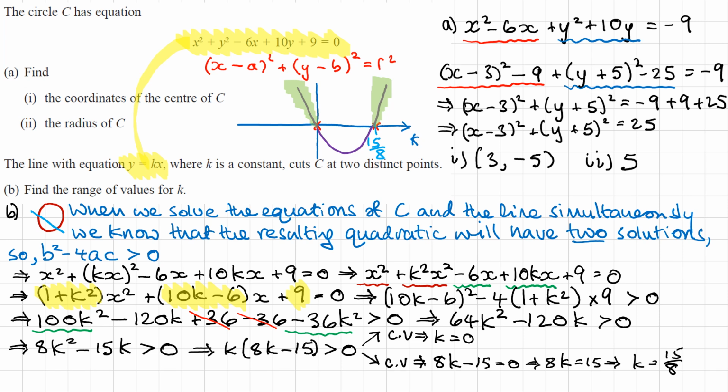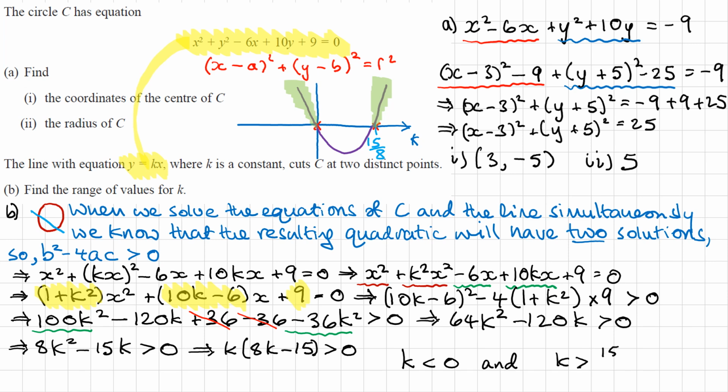Now, because those two regions are separate, I need to write my solution as two separate inequalities. Don't be tempted to write those inequalities as one single inequality. So I will have k is less than 0, and the other region is when k is greater than 15/8. And that will be my answer.